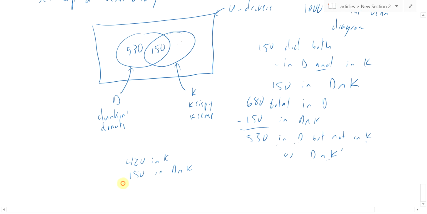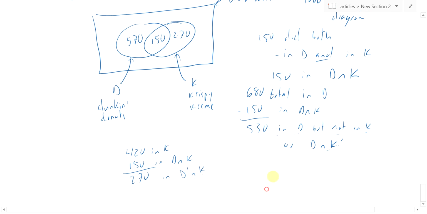So how many are there? 270. So there's 270 drivers who stopped at Krispy Kreme, but not at Dunkin' Donuts. So that's D prime intersection K. Not in Dunkin' Donuts and in Krispy Kreme.